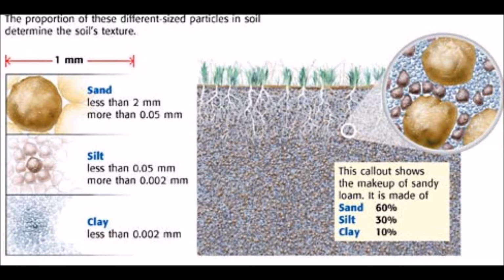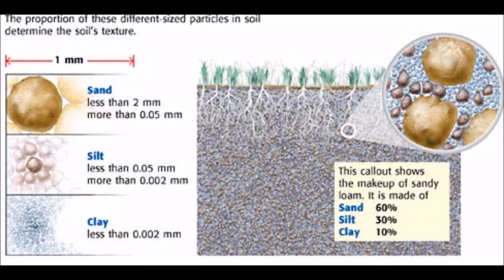Next is the silt at between 0.002 millimeters and 0.05 millimeters. That's small. And finally, clay is the smallest, at anything less than 0.002 millimeters. Remember, that's the size of each individual piece of soil.